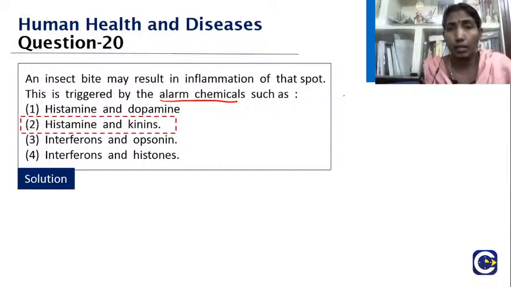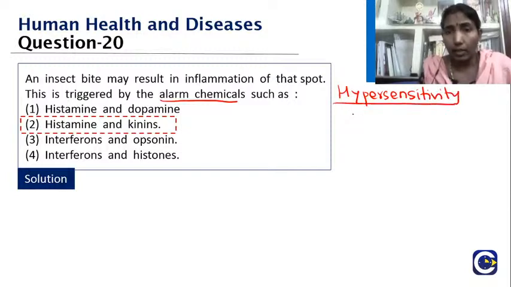Children, one thing I'll tell you. Even the previous slide which I talked about with hypersensitivity, let me give you one clear idea about it. When I say hypersensitivity reaction, first there is an antigen, let it be an insect bite or anything. It binds with an antibody, that is the IgE, pertaining to the allergy.